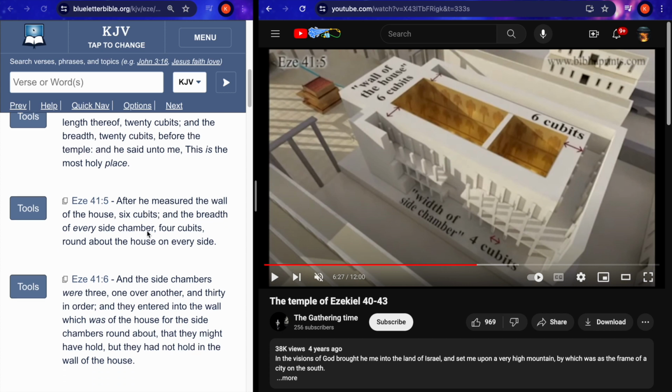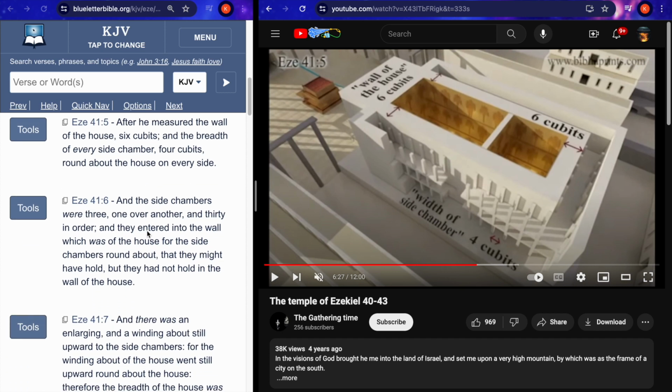So verse 5, after he measured the wall of the house 6 cubits, which is right here, in terms of thickness, and the breadth of every side chamber 4 cubits, which we're seeing over here, as you can see, area right here, round about the house on every side. And that's why this measurement goes all around.